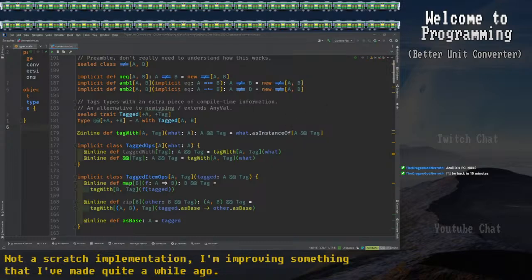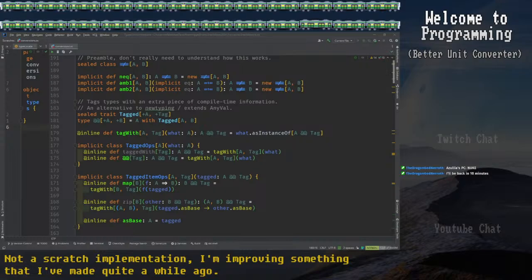Actually, let me see if I can find it. Scala type level, Scala unit conversion library. Squants, that's what it was. Yeah, this is an extremely old library. I do not know if it's actually maintained anymore.